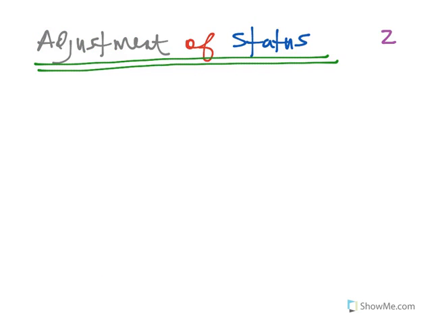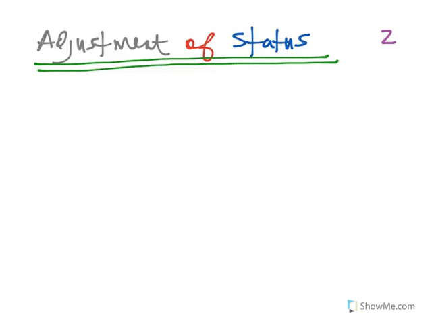So once the U.S. citizen has married the foreign national and the foreign national entered the United States legally, they're able to file the adjustment of status application.